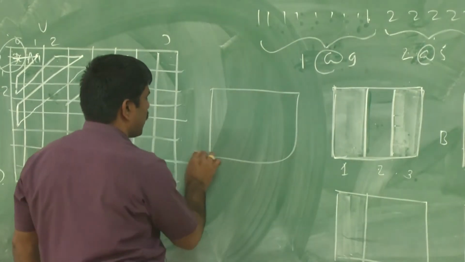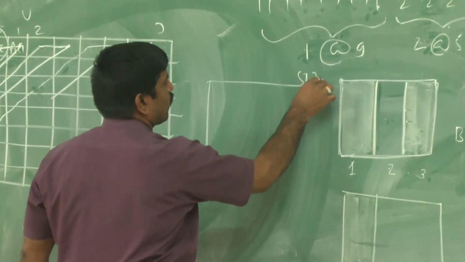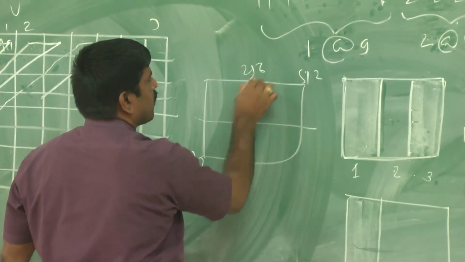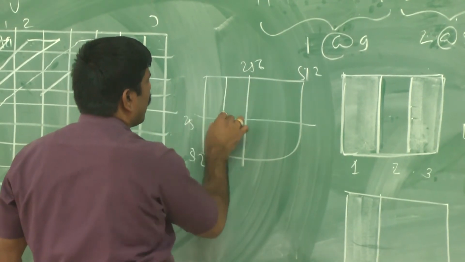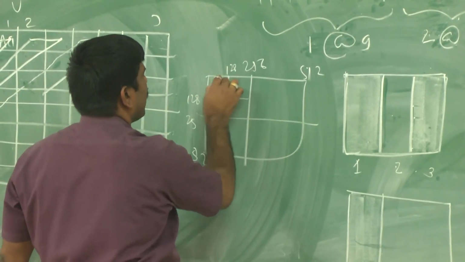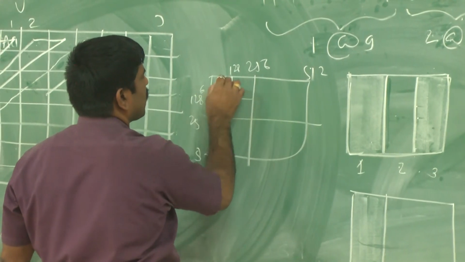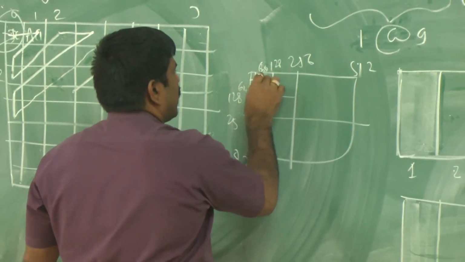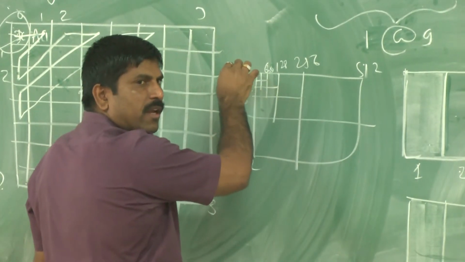Okay, this is 512 by 512. This will be 256 by 256, then 128 by 128, then 64 by 64, then 32 by 32, then 16 by 16, and then 8 by 8.